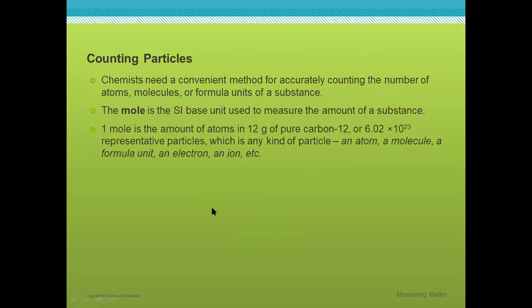One mole is the amount of atoms in 12 gram of pure carbon, as carbon is a common atom that all students know.